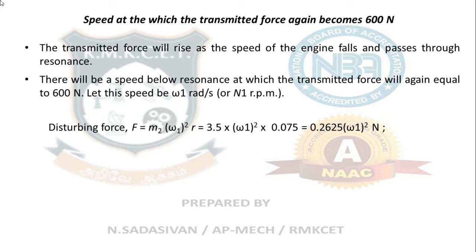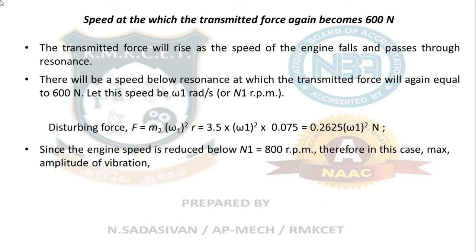I know the F value, 600. At another speed at which the force becomes 600, that's what I am trying to find out. So 3.5 into omega 1 square into 0.075, that is 0.2625 omega 1 square. Since the engine speed is reduced below 800 rpm, in this case the maximum amplitude of vibration equals F by omega n square minus omega 1 square.